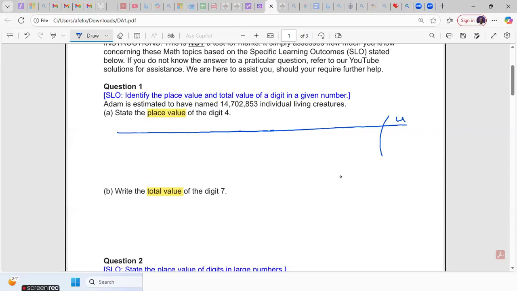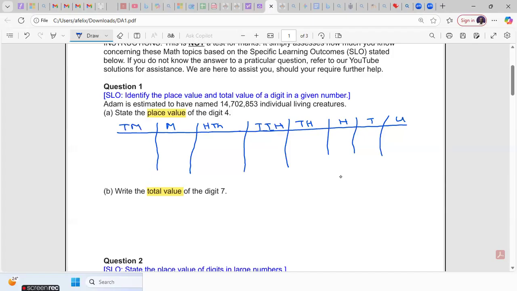Then we're going to go to the tens, hundreds, thousands, tens of thousands, and we're going to occupy now the hundreds of thousands. Then we're going to go to our million position and our tens of millions.